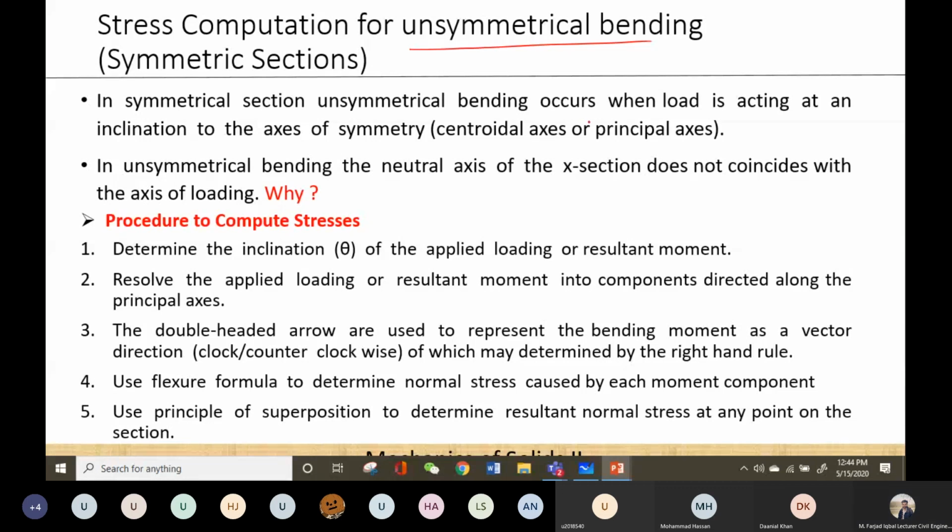And the neutral axis does not coincide with the axis of loading. You also know that the neutral axis is perpendicular to the axis of loading. But in the case of unsymmetrical loading, the neutral axis is not the one which is perpendicular to the axis of loading. But why is that? Can anyone explain this point?